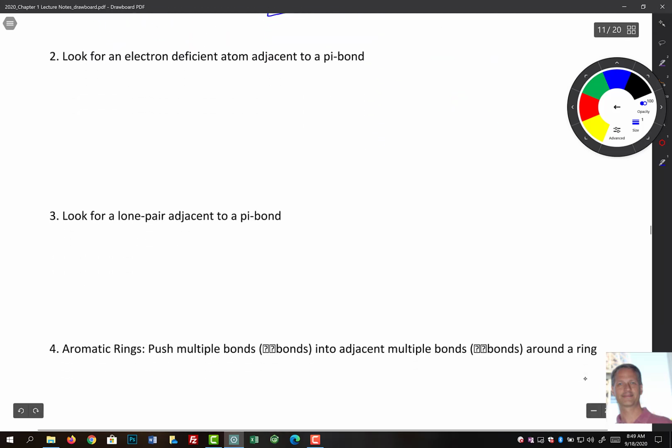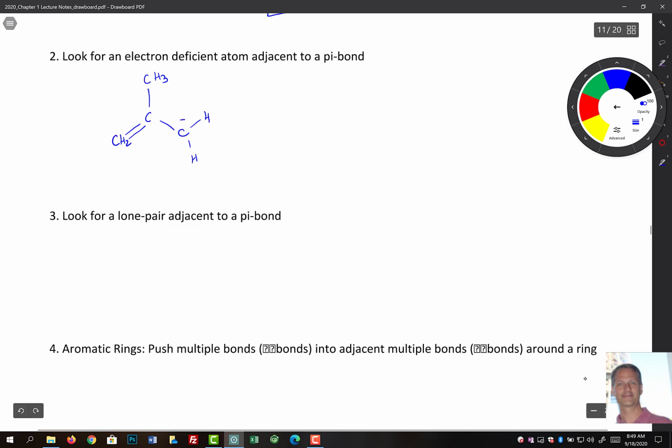So number 2, we're going to look for an electron deficient atom adjacent to a pi bond. All right, so let's build that. So let's make a CH2 here, a double bond here, let's make that a CH3, and then over here, let's make that a CH2. All right, now we're starting off with this.